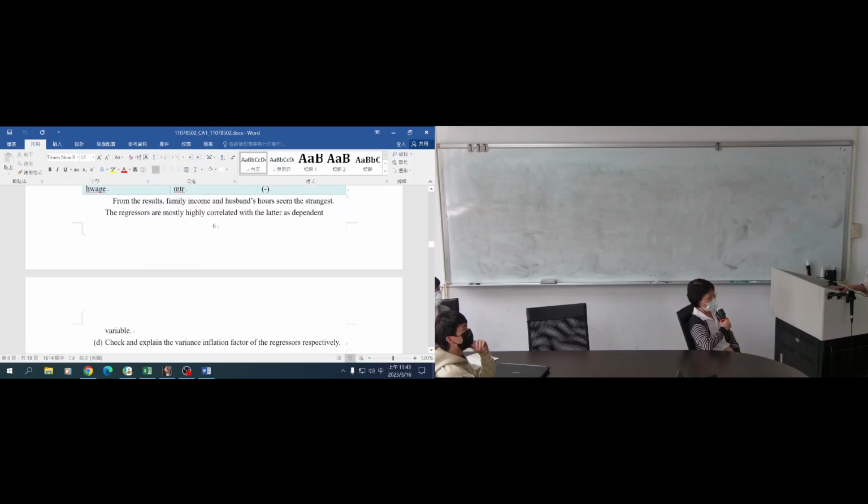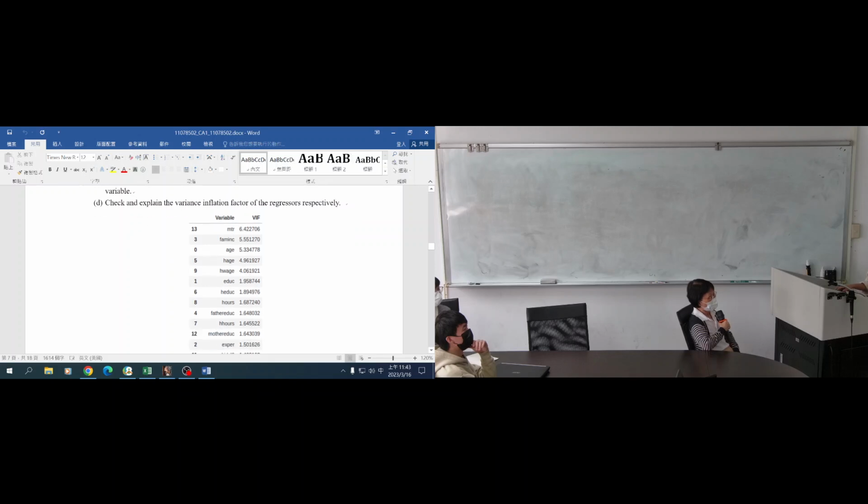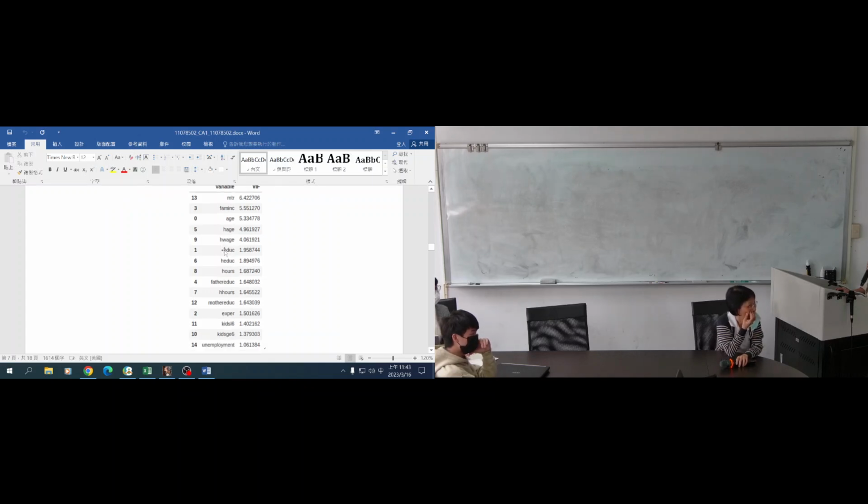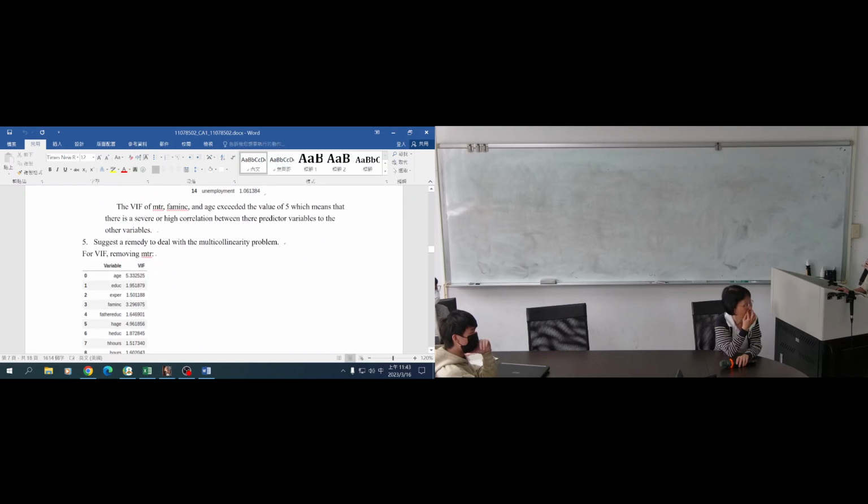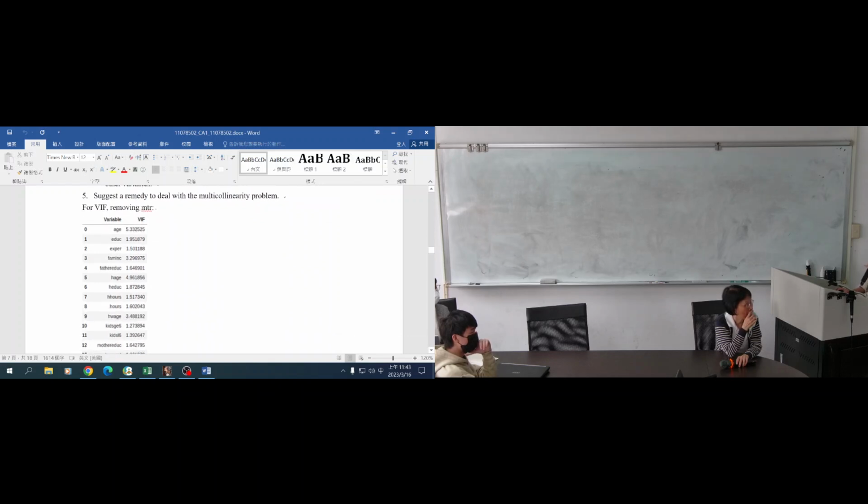And then for VIF, here we got MTR with the highest VIF, followed by family income, the age, and the age. These three have a high chance of being the cause of multicollinearity, so suggest a remedy to deal with the multicollinearity problem.